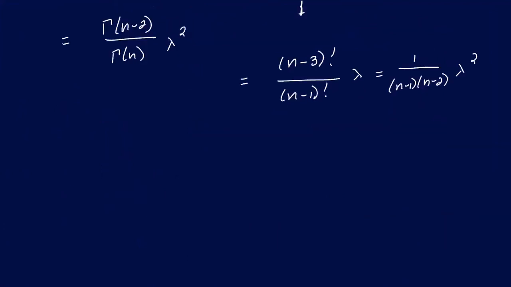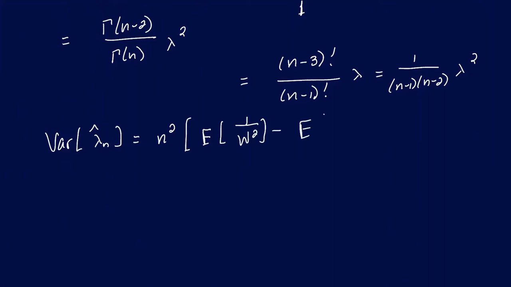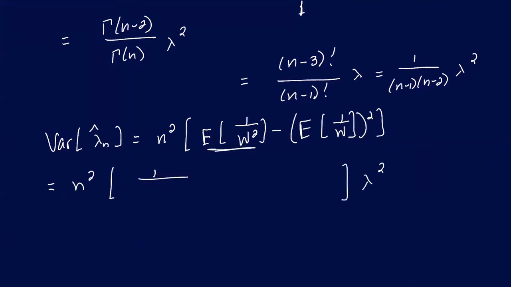So we're almost done with the variance of our MLE. This was n squared, the expected value of 1 over W squared, which we just computed, minus the expected value of 1 over W all squared, which we computed just before this. We have n squared. So this has a lambda squared, and this has a lambda, which will end up squared. So I am going to go ahead and put a lambda squared out here. As for this first one, I get 1 over n minus 1, n minus 2.